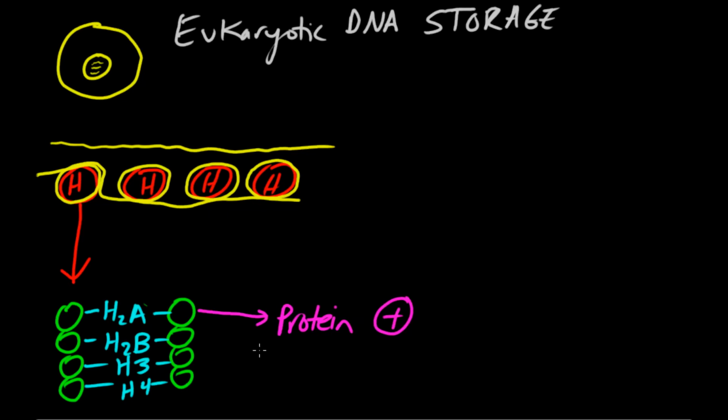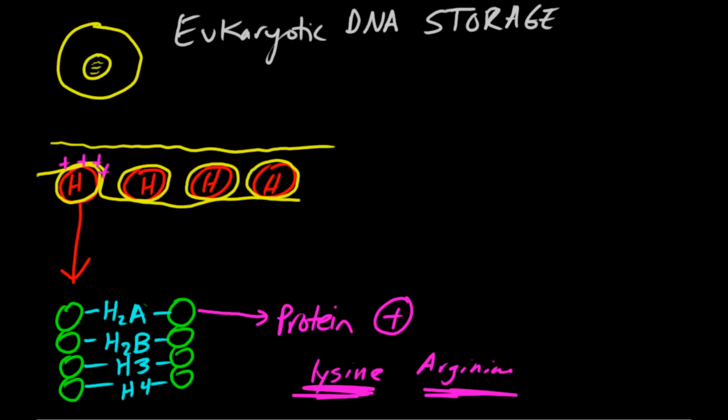So some of our positively charged proteins are going to include our lysine and arginine. So our lysine and arginine proteins are usually the positively charged ones, and if these histones are made up of a lot of lysine and arginines, then that means that these histones are generally going to have a positive charge overall.